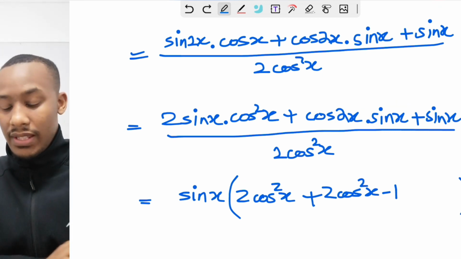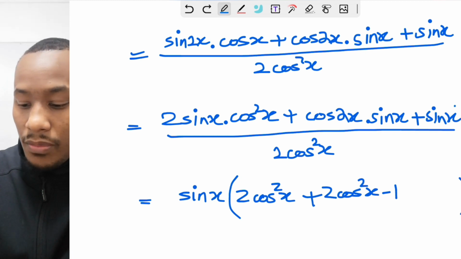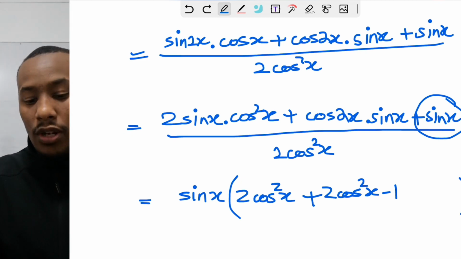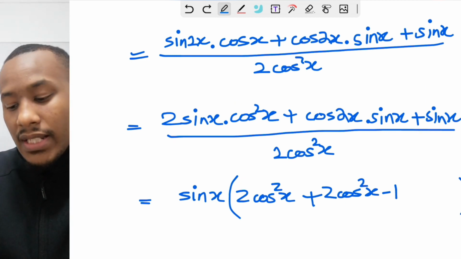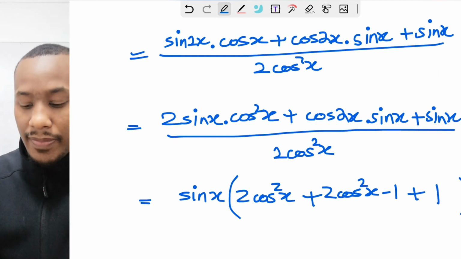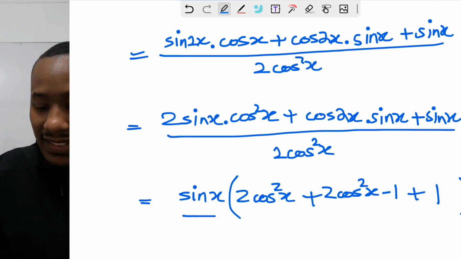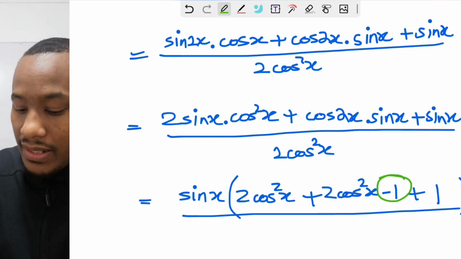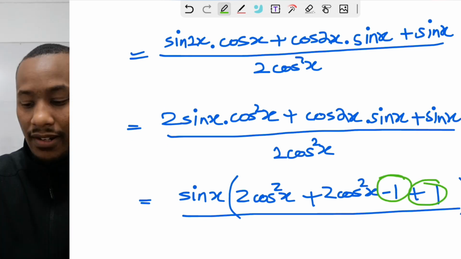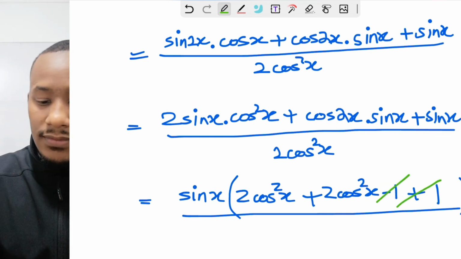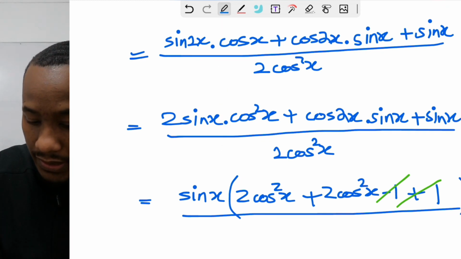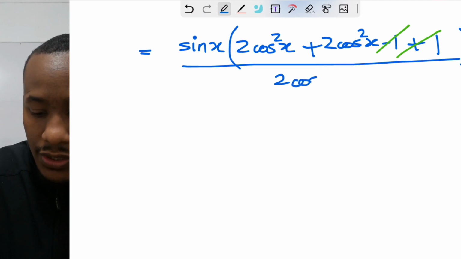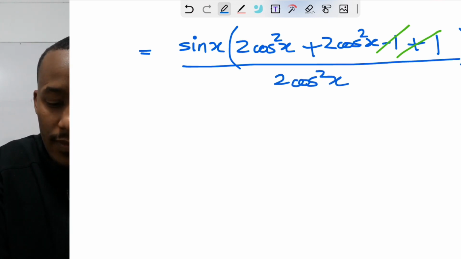And when we divided by sine x, sine x divided by sine x is just 1. So the same theme plays out here: you again have this minus 1 that cancels with a positive 1. And this is divided by 2 cos squared x.